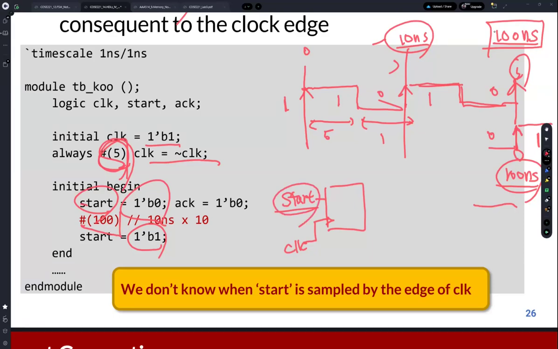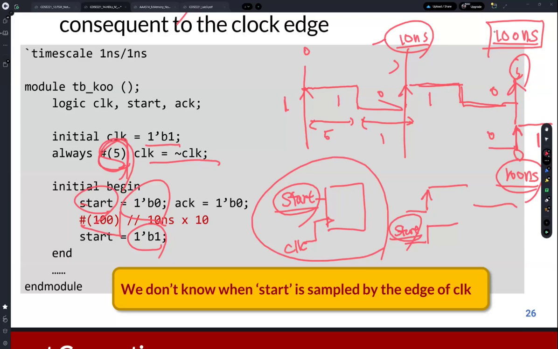Actually, we don't know the inside of this system, but it can be possible. This is the input signal, and we use D flip-flops for sampling signals, so input signals can be sampled by D flip-flops. Then what's the problem? On the rising edge of the clock, the input value changes.